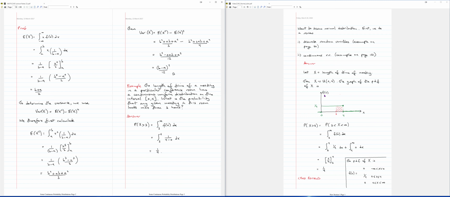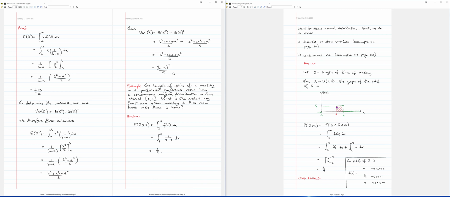So this is what the PDF of the random variable X looks like. The PDF is f of x, and the graph of your PDF is going to look like this. As I said, the length of the meeting is going to be between 0 and 4.